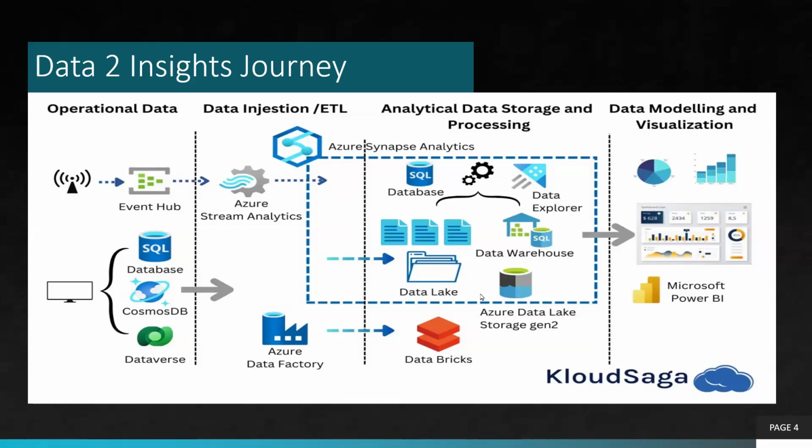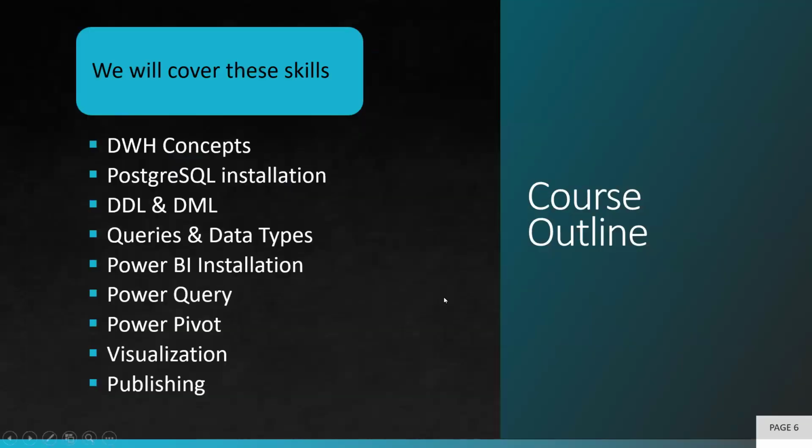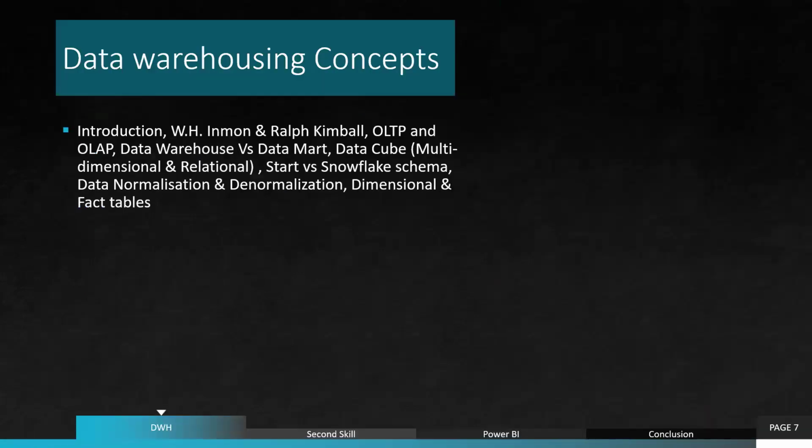Okay. Now, as I told you, we have structured this course in three parts. We are going to cover data warehousing concepts in the first class, where we are going to touch base on the history of the data warehouse, what data warehouses and data marts are, and how data modeling is done, because this is very important.